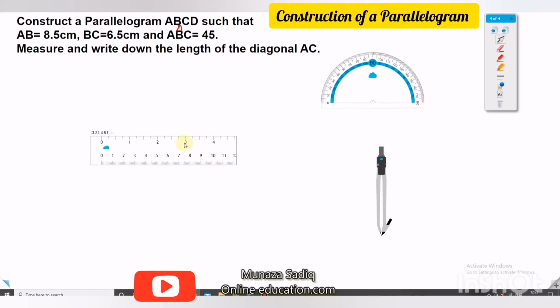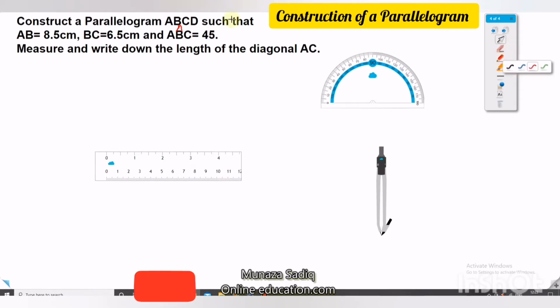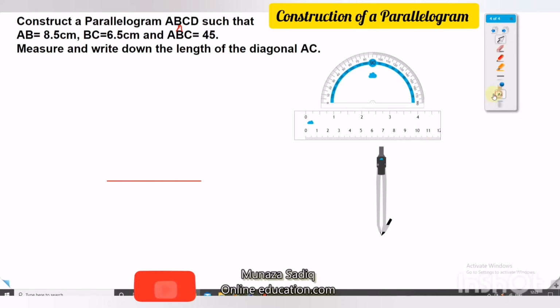First step, to draw a line segment. The angle is at point B, so we will draw line segment AB, that is 8.5 centimeters. Use your pencil and a scale with a sharp edge and draw the line segment.